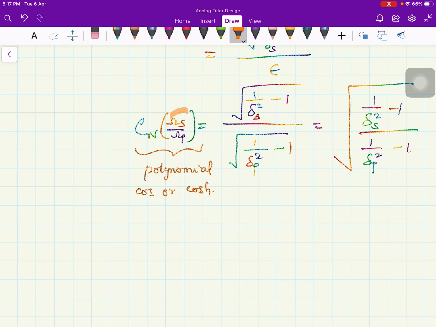Is this argument greater than 1 or less than 1? If it is less than 1, you can use cos. If it is greater than 1, you can use cosh.